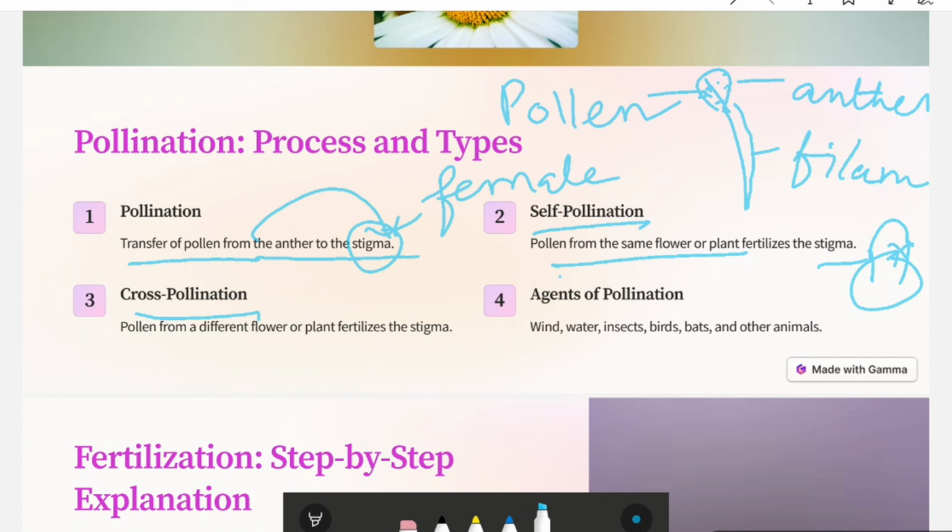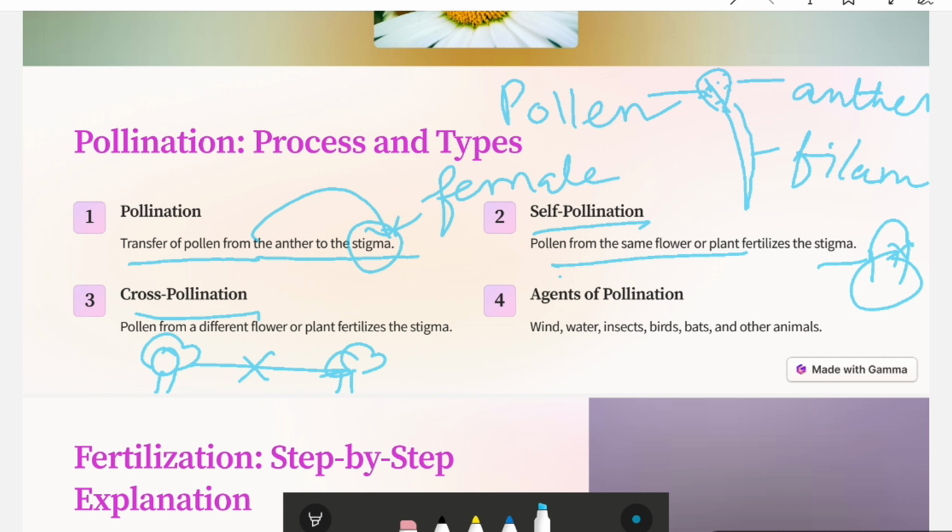And in cross pollination, pollen from a different flower or plant fertilizes the stigma. That means flowers of the same type but on two different plants. When pollination takes place this way, it is known as cross pollination.